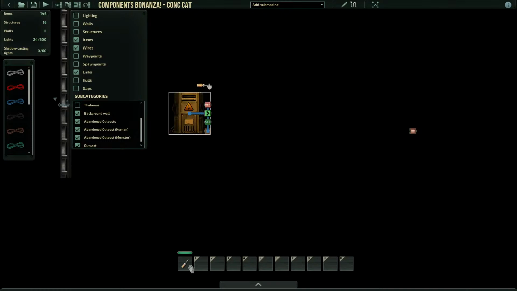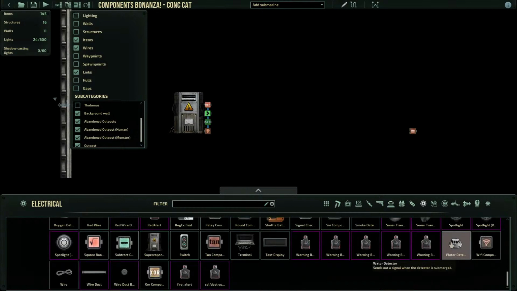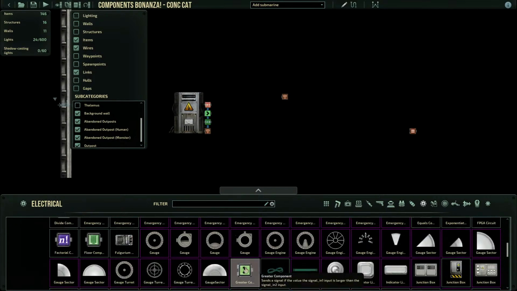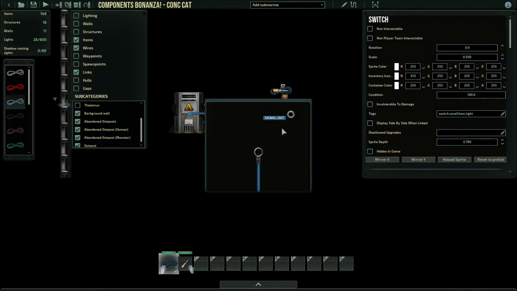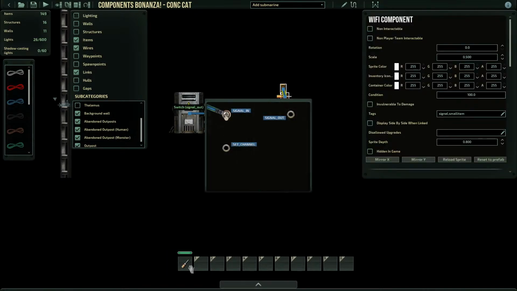Okay. So what have we done here? I'll give you a hint. We're going to put a button over here, and we're going to put it in the same channel as this switch. So you got signal out going into this Wi-Fi over here. You have the signal out here.